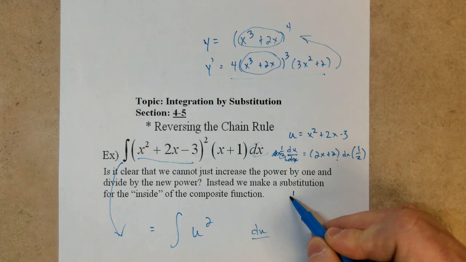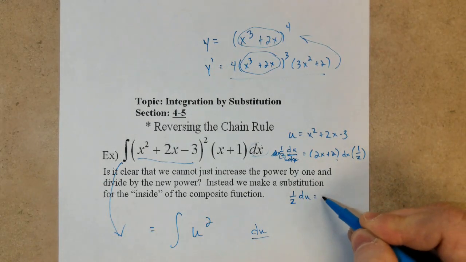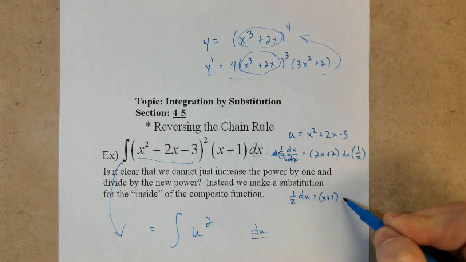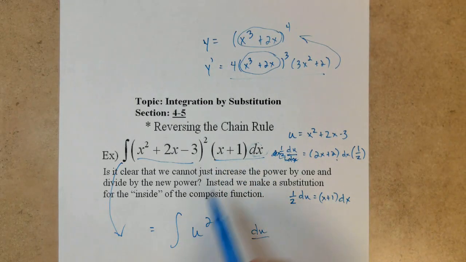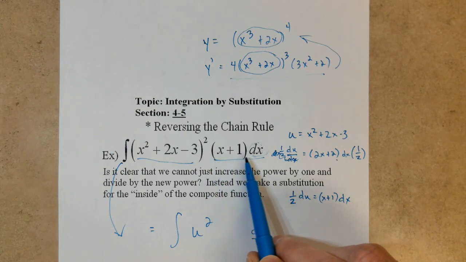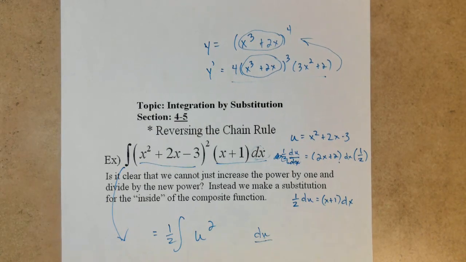Right now we have 1/2 du equals x plus 1 dx. Isn't that what I want to get rid of right here? Yes. So I'm going to replace the x plus 1 dx with 1/2 du. I've already said we need to have this in terms of u, but I'm going to throw a 1/2 out in front.